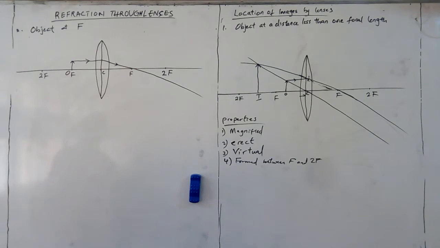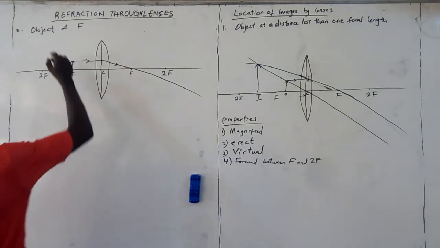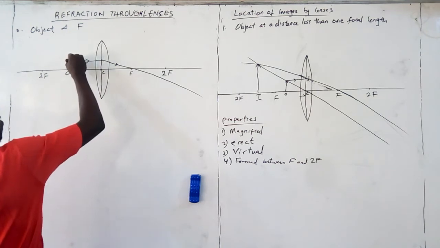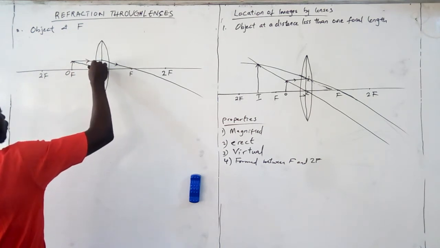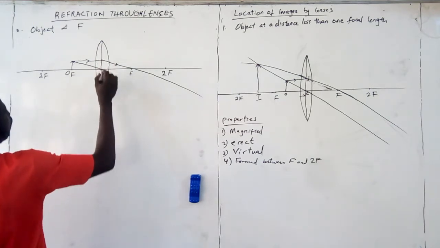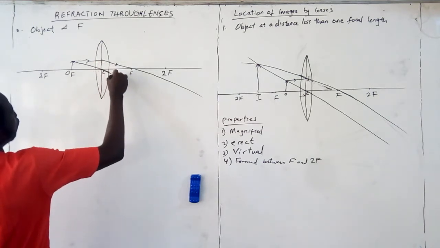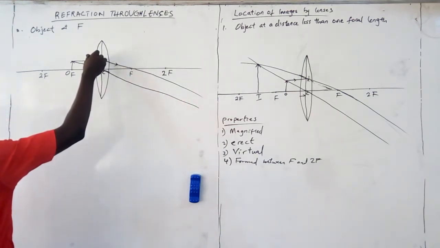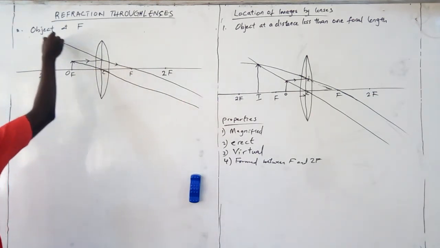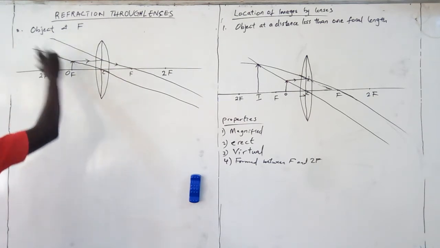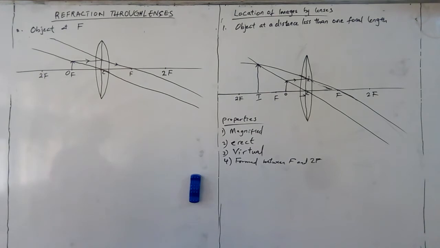Then light from the object will pass through the optical center, so from here to here. Now these lines will not meet. If I extend this and this, you can see we have two parallel lines.